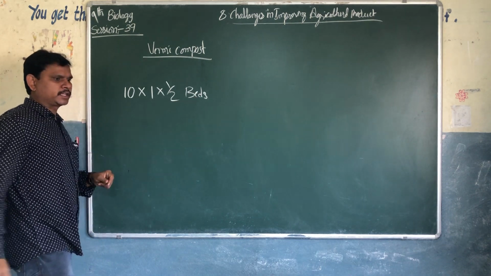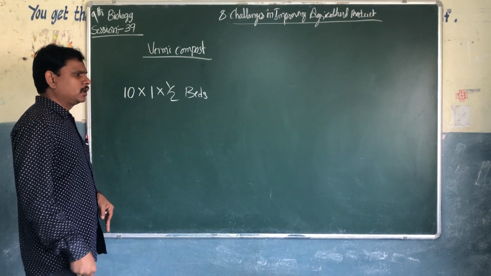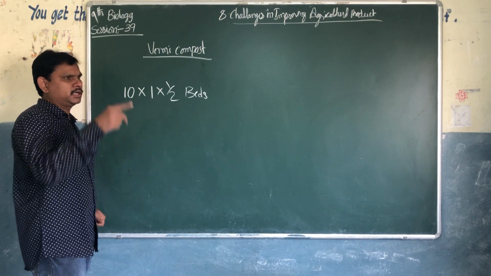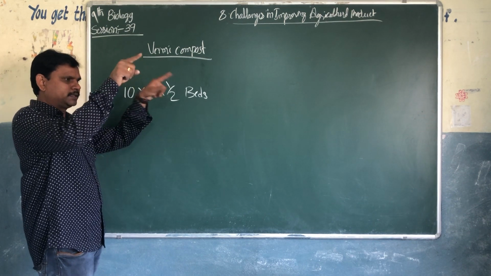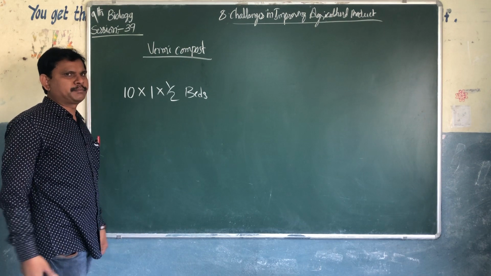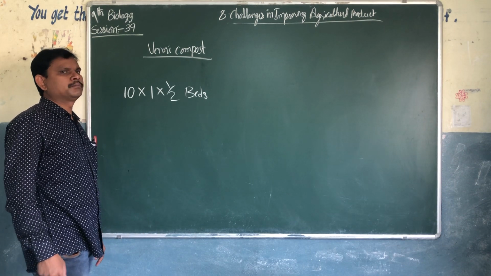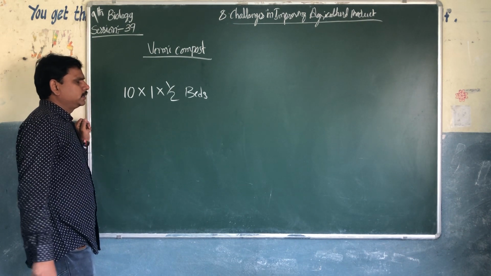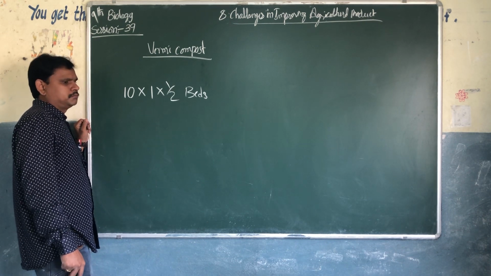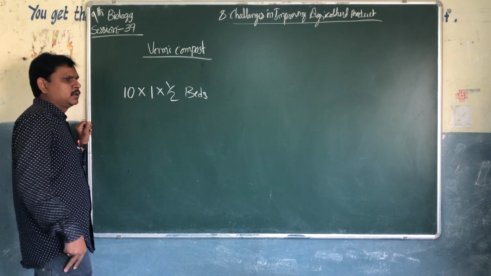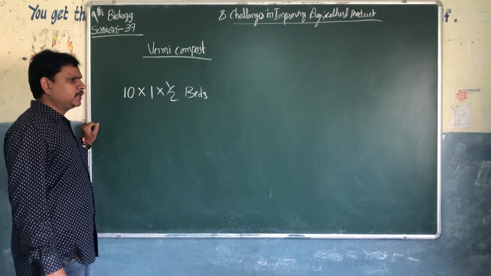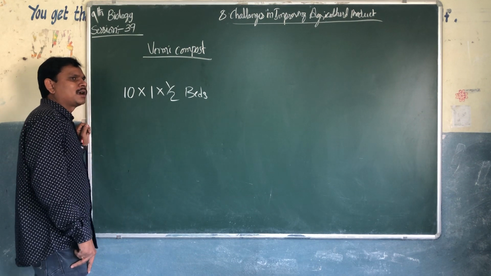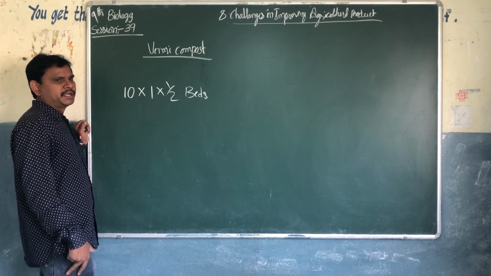You can see in your textbook, the picture is very clear: a 10-meter long, 1-meter wide and half-meter deep bed. They prepared separate vermicompost beds, and in these beds they started collecting waste materials.